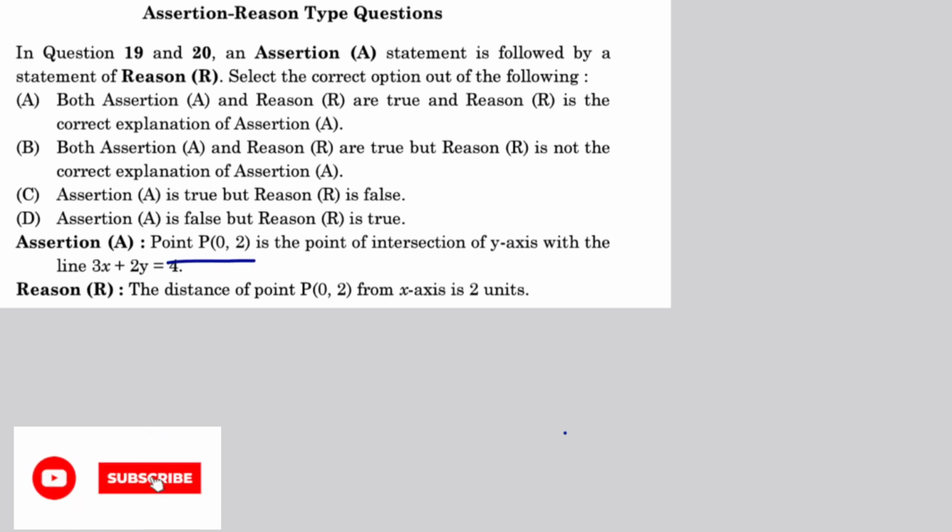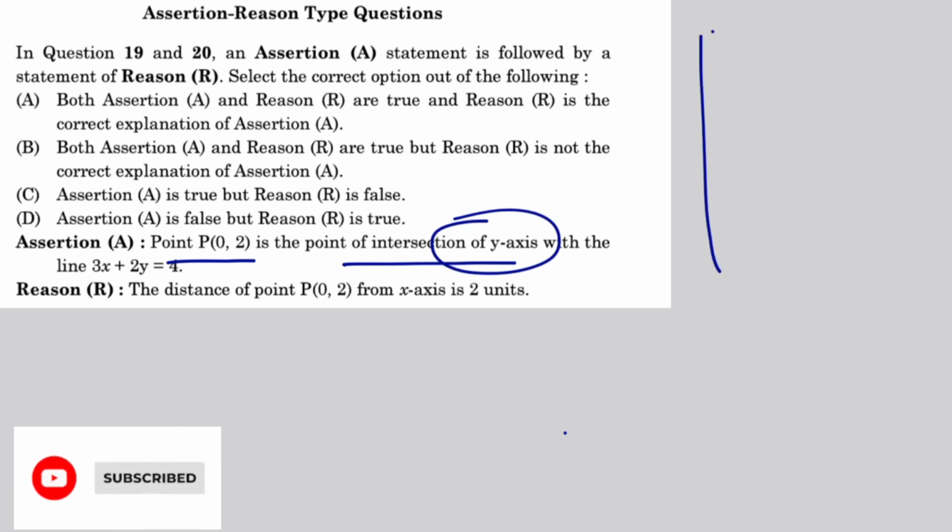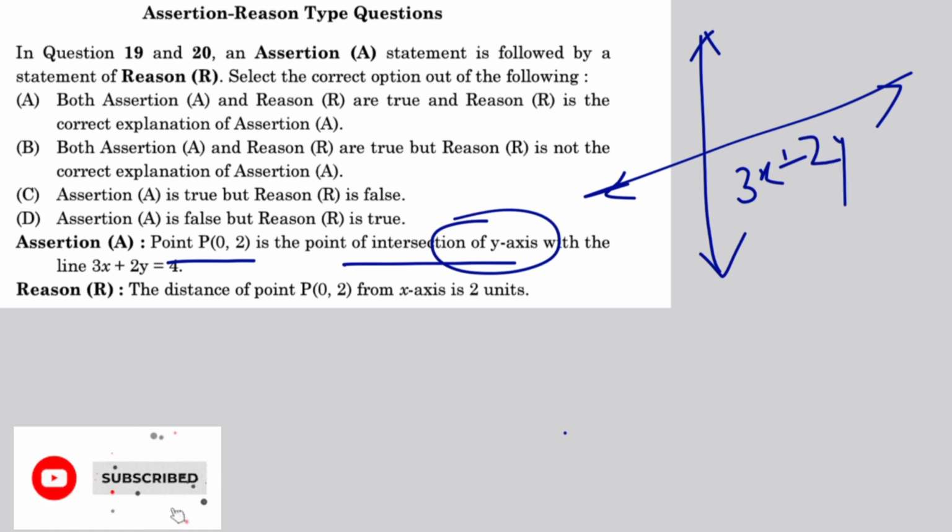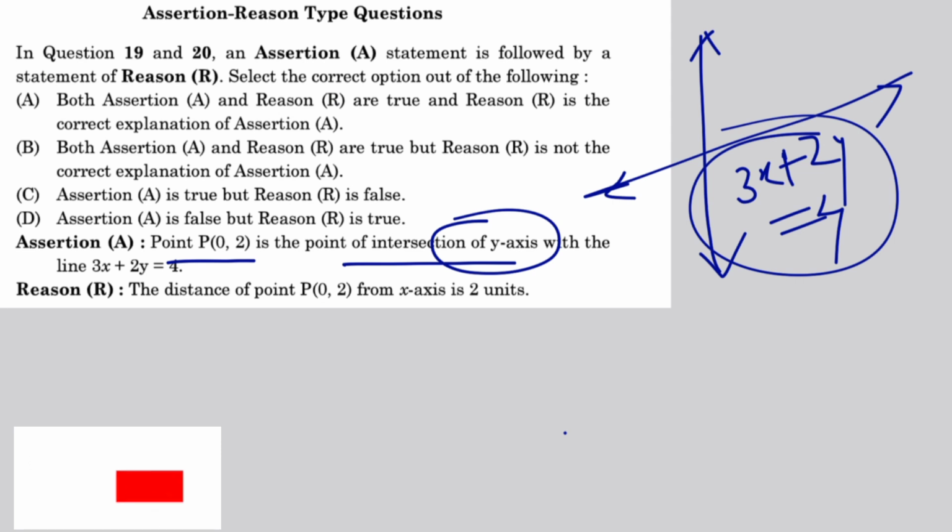We know that it is (0, 2), so obviously it will be lying on the y-axis. It is the point of intersection of the y-axis with the line 3x plus 2y equal to 4. This particular equation of a line is given to us.